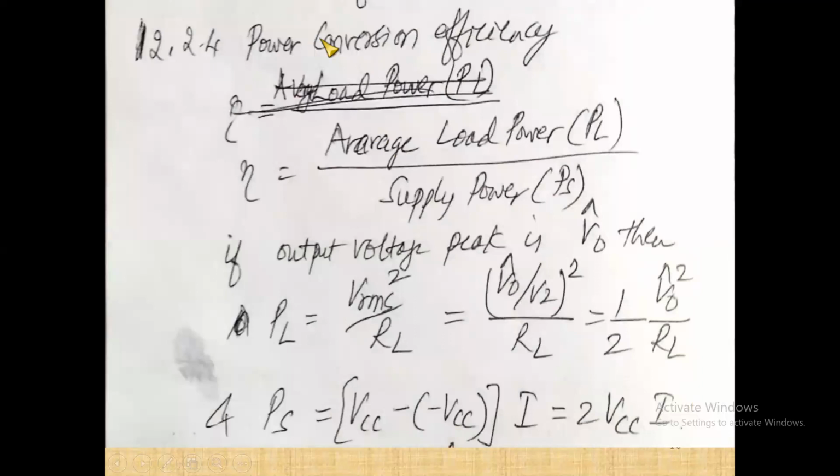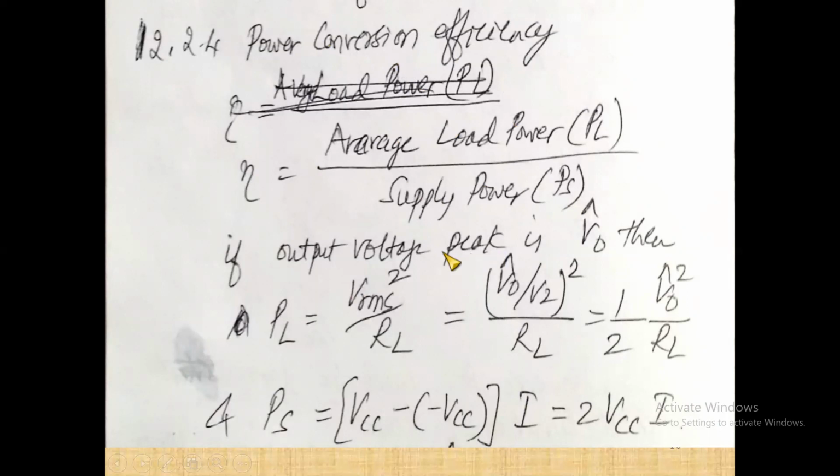Now we come to the most important aspect of the output stage design, which is the power conversion efficiency. The power conversion efficiency is decided by average load power PL divided by the supply power PS. How much of the supply power is converted into the average load power decides the power conversion efficiency.